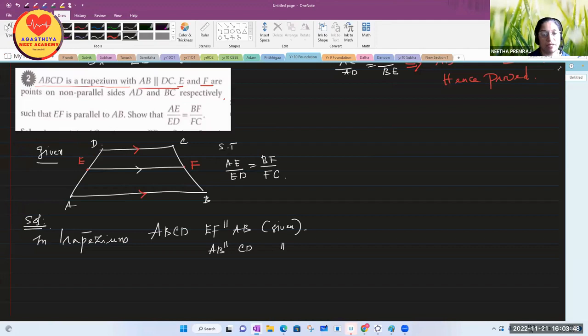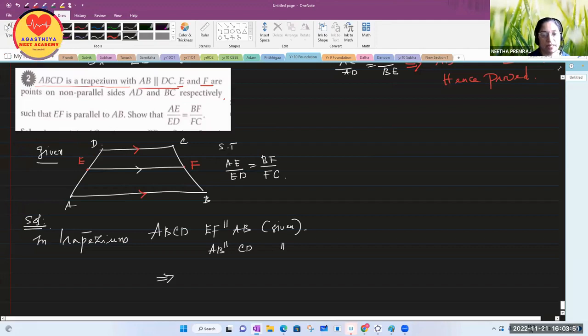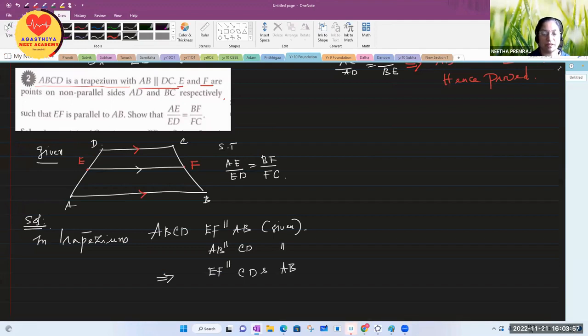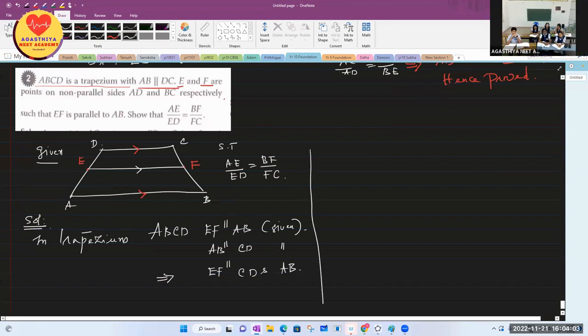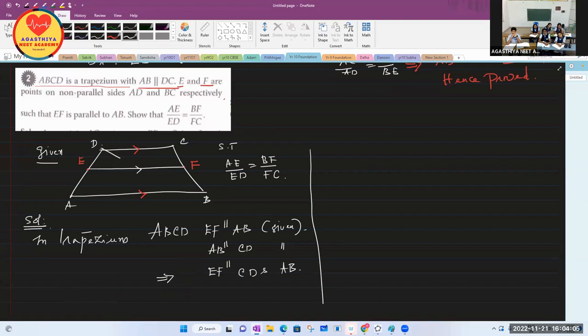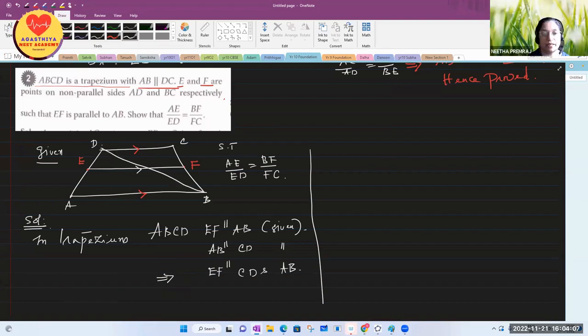That is also given. So which implies EF is parallel to CD and AB, isn't it? Got it, guys? Okay, next. Now what I do, I draw a diagonal and make it intersect EF at O.